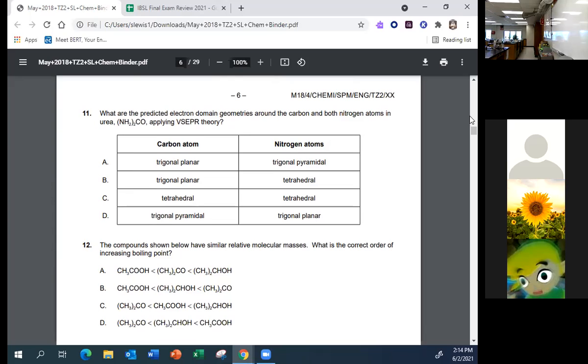Okay, so we made this distinction yesterday in class about electron domain. That's just about how many positions are around the central atom. It doesn't matter if they're bonded or lone pair. Okay, so in order to answer this question, we need to sketch out a Lewis dot diagram for NH22CO. So we need to count up, and that might be the hardest part of this question.